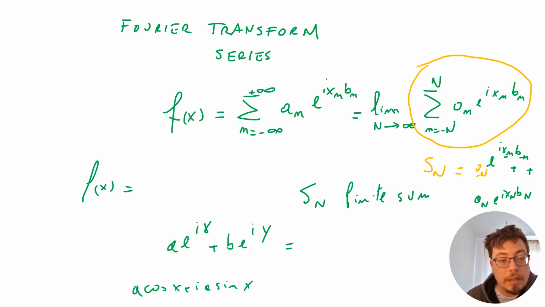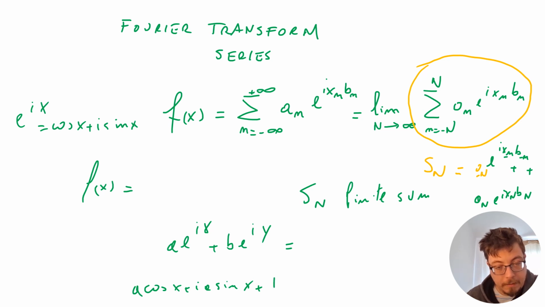I'm just using the definition of e^{ix}, which is cos(x) plus i sin(x). Plus b cos(y) plus i b sin(y). Sorry, y. I said y and I wrote x.